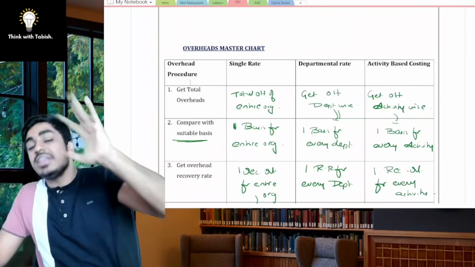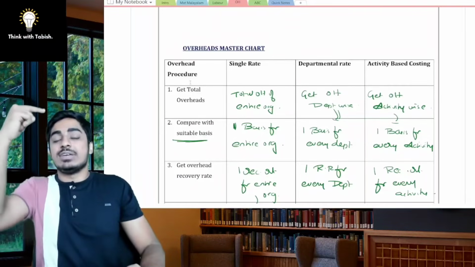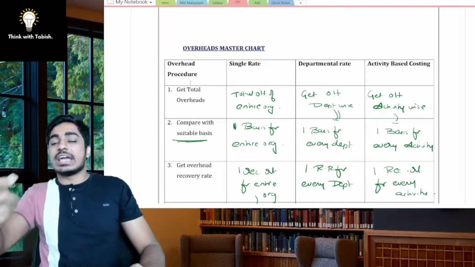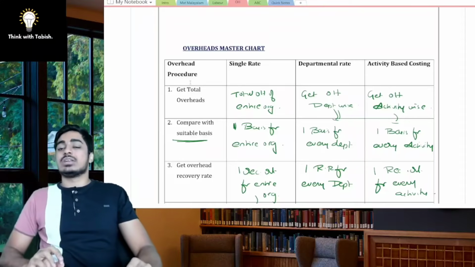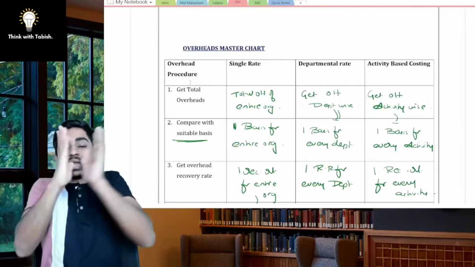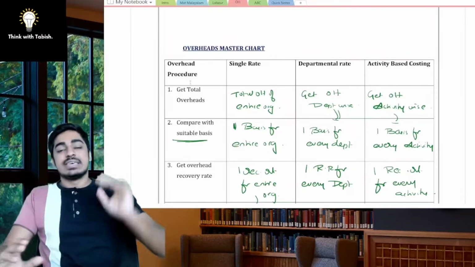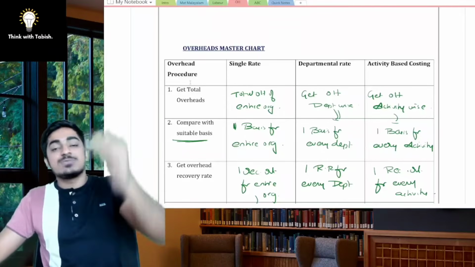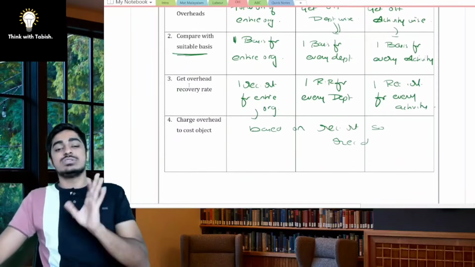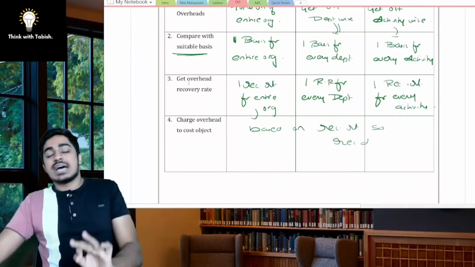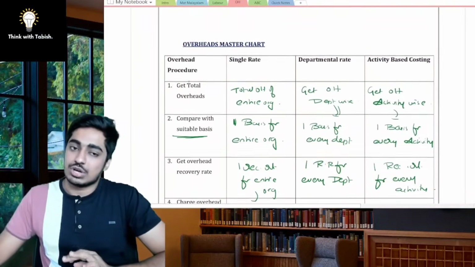Suppose we have 100 activities, and say activity 1 is 10 lakh, activity 2 is 12 lakh, activity 3 is 15 lakh, and so on and on, so that in total we get 10 crore. So we get the overhead activity wise. And we compare it with one basis for every activity, get the overhead recovery rate, and using the recovery rate, we charge the overhead to the cost object.